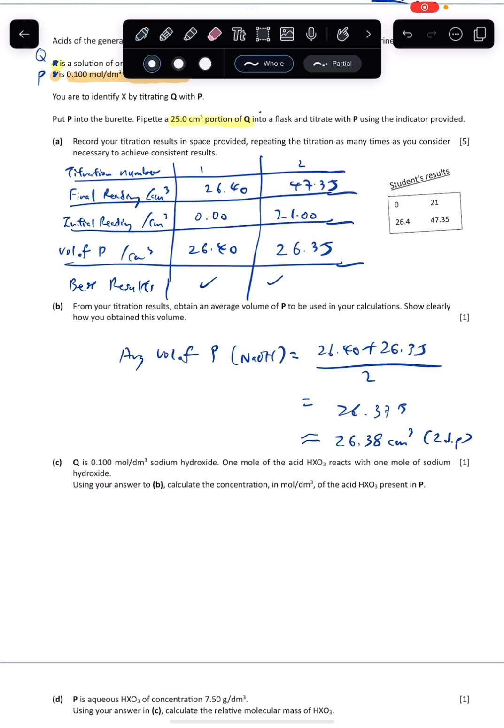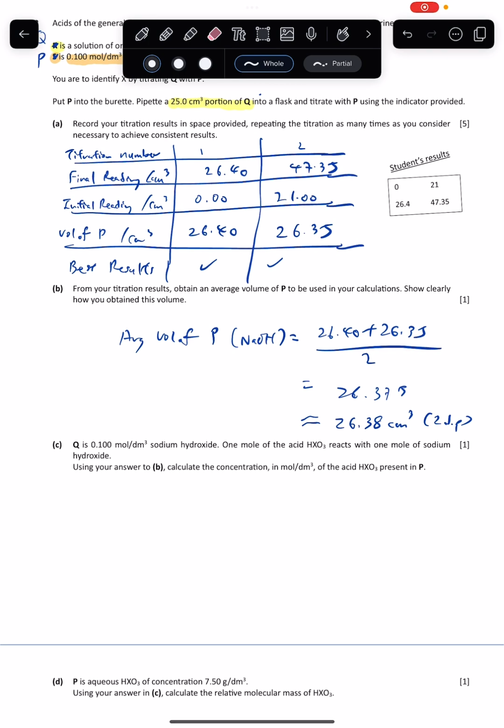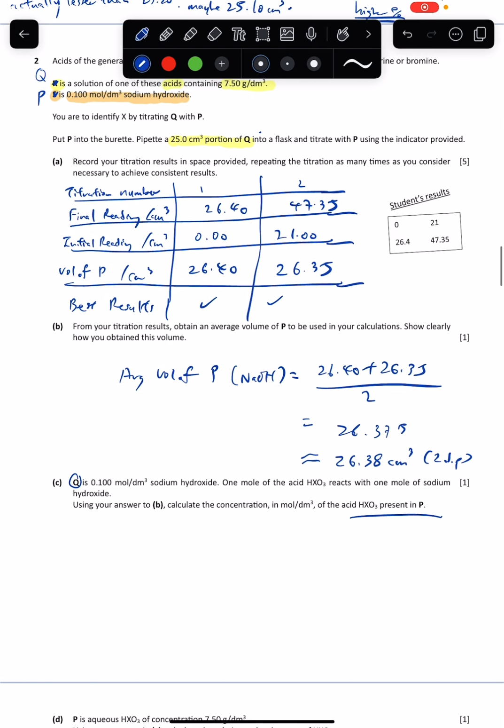Read carefully, you're going to find the P, but you have Q. So you start by doing Q. Sorry, this is P, this is Q. So mole of NaOH, P, is 26.38 divided by 1000 times 0.100, which is 0.002638 mole.